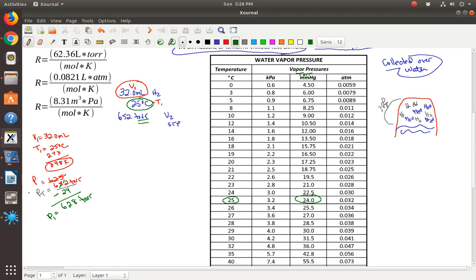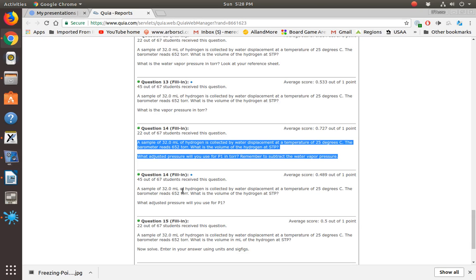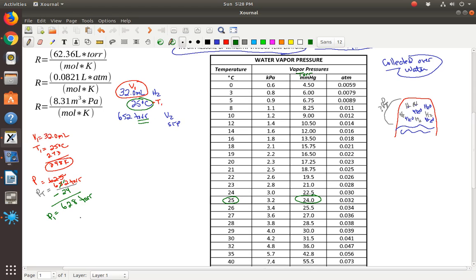So that is the adjusted pressure. I think the next question said, what is the adjusted pressure for P1? And I even said here, remember, subtract the water vapor pressure. So there's your new pressure. Now I know V1, T1, and P1. And then V2 is my question.